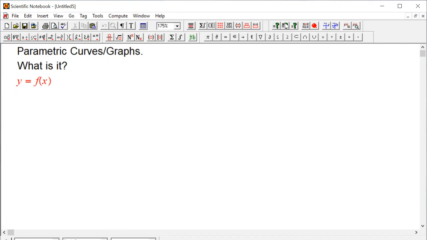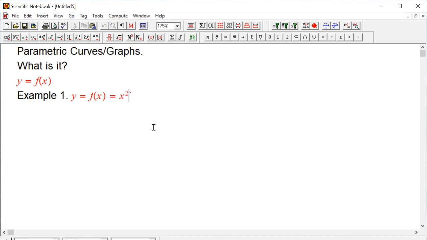Let's take an example of the kind of graph and curve we had before. Say we have a function y equals to f of x, and this function is x squared.